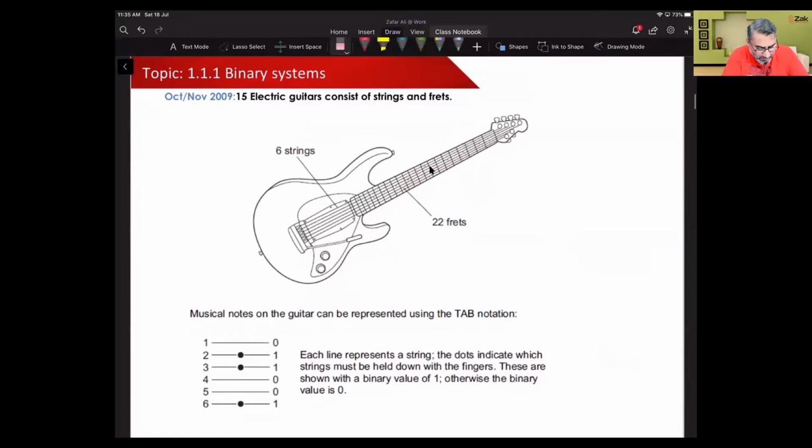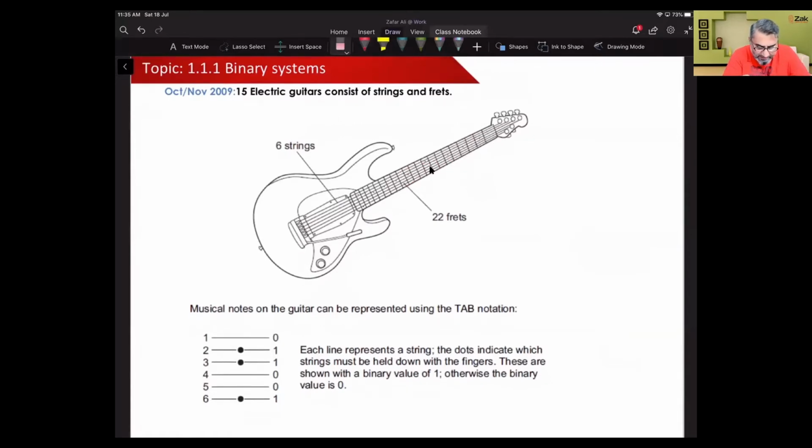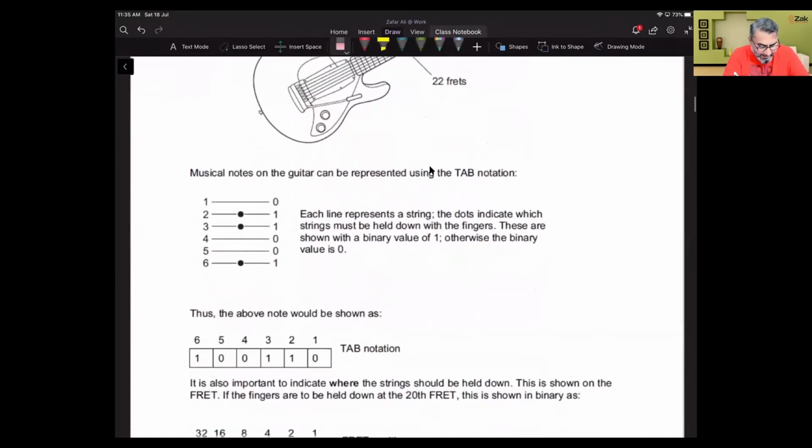Now music notes on the guitar can be represented using a tab notation. A tab notation is basically a register of 6 bits.